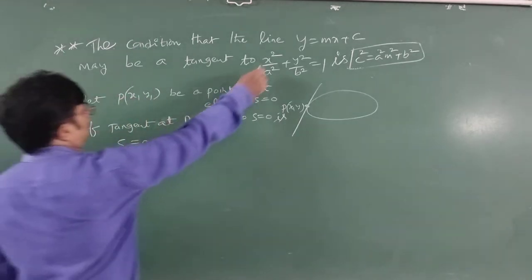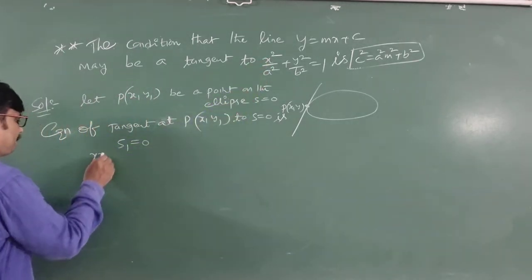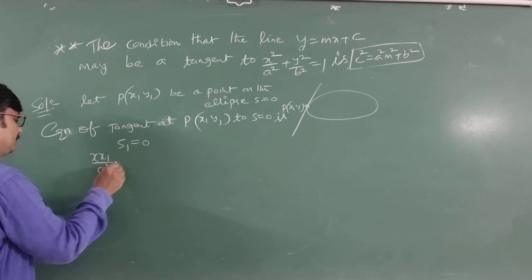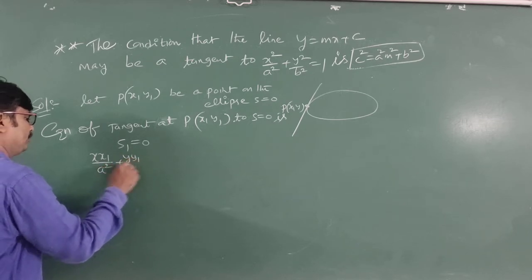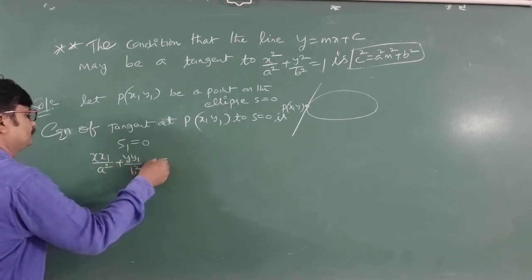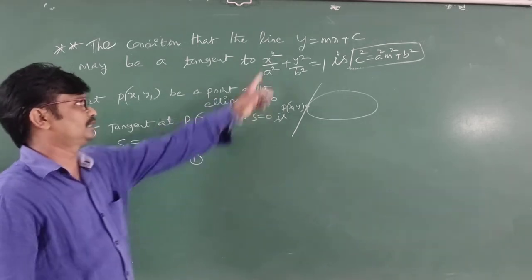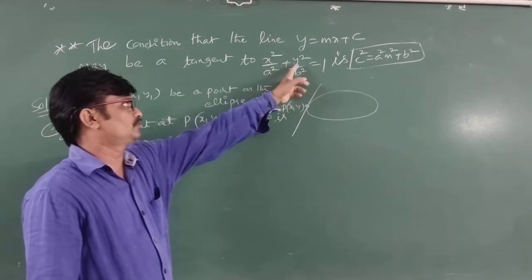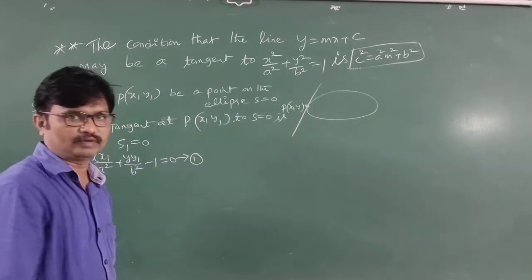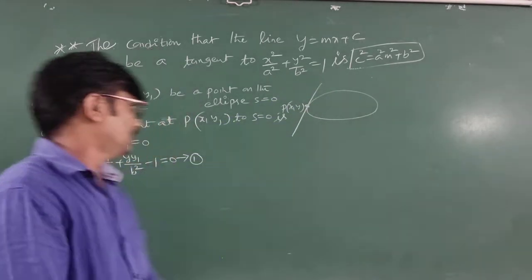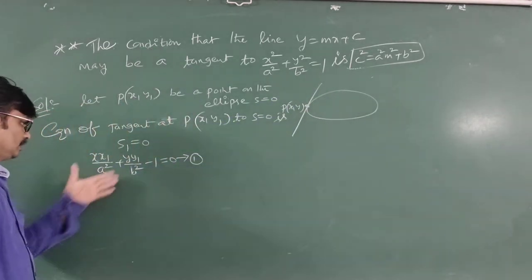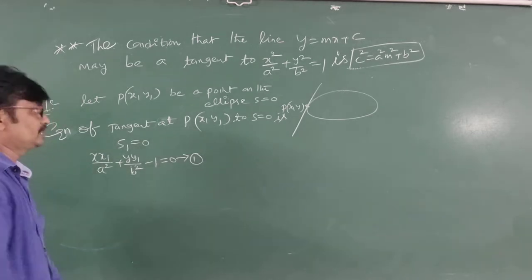That is nothing but xx1/a² + yy1/b² − 1 = 0. Is it clear, students? xx1/a² + yy1/b² − 1 = 0.